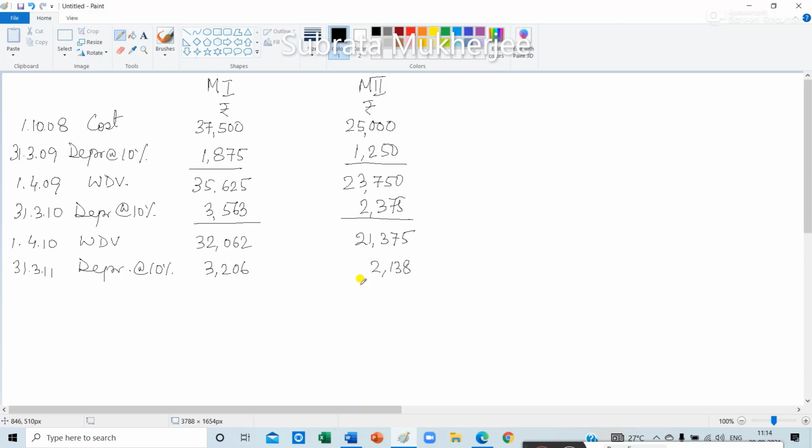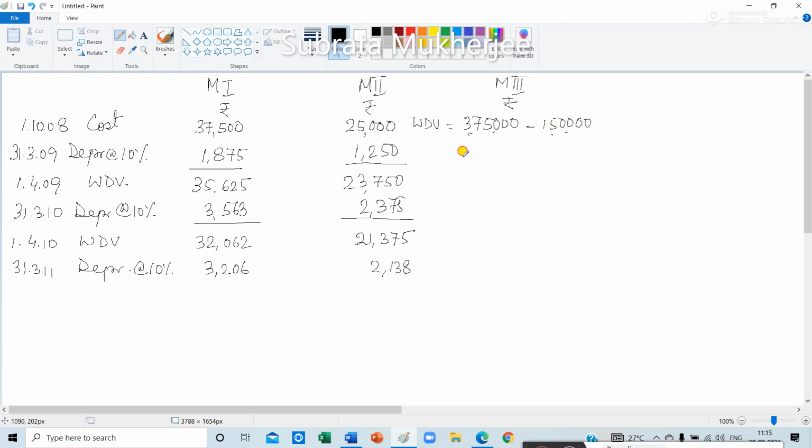Now, on 1st April 2011, it is given that the cost of machinery was 3,75,000 and the provision for depreciation is rupees 1,50,000. So what is the value of machinery on 1st April 2011? You need to calculate. 3,75,000 is the cost of the machine, against which the provision for depreciation was rupees 1,50,000.